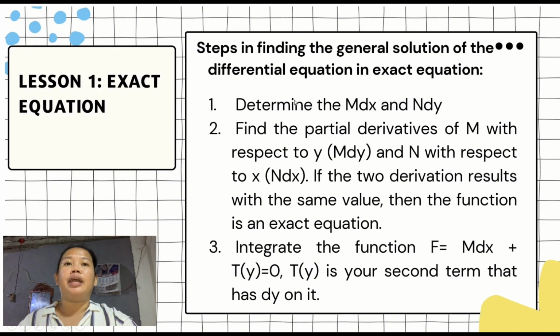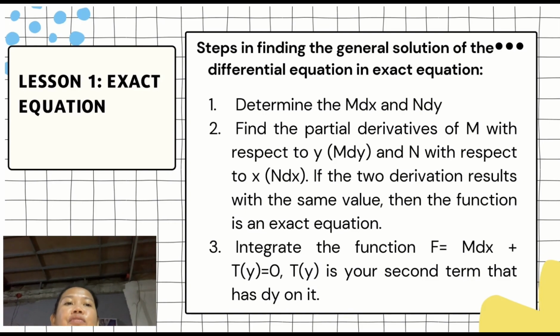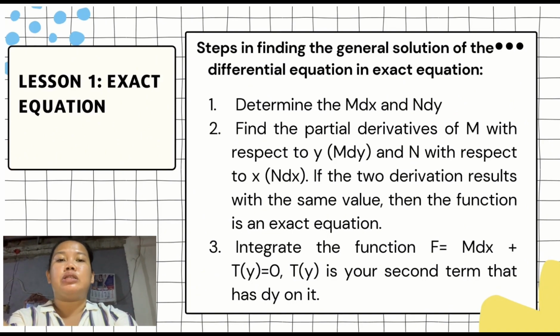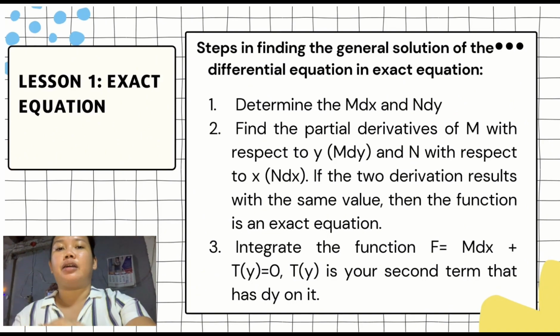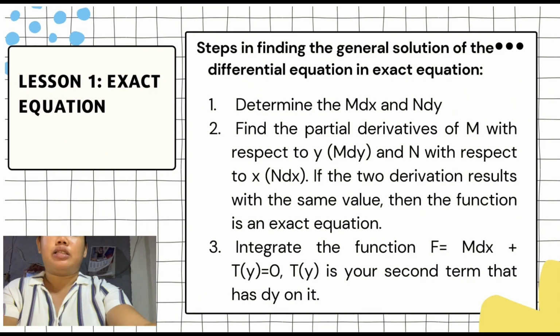Next, define the partial derivatives of m with respect to y, which is the m dy, and n with respect to x, which is the n dx. If the two derivatives result in the same value, then the function is an exact equation. Next, integrate the function f equals the integral of m dx plus t of y equals 0, wherein t of y is your second term that has dy on it. So this t of y is a constant.